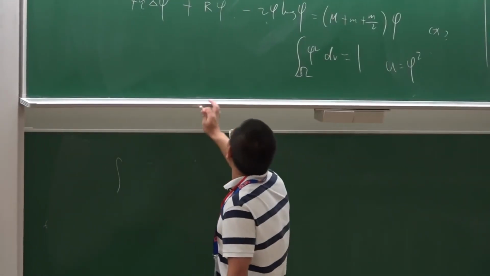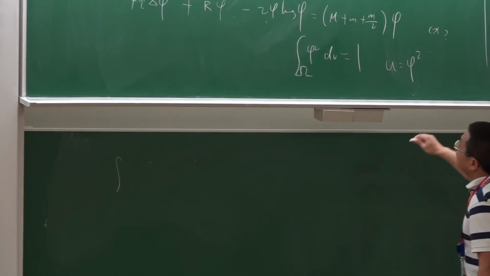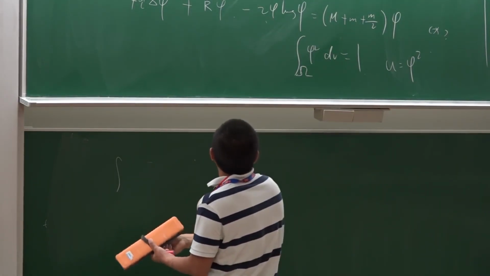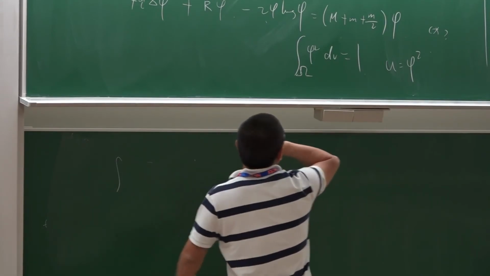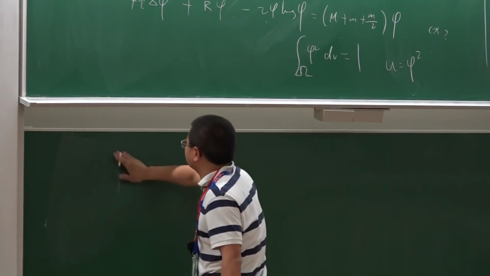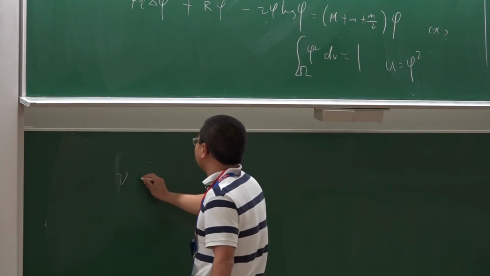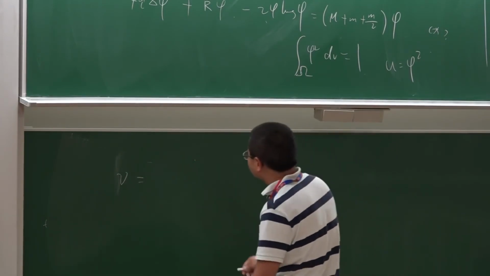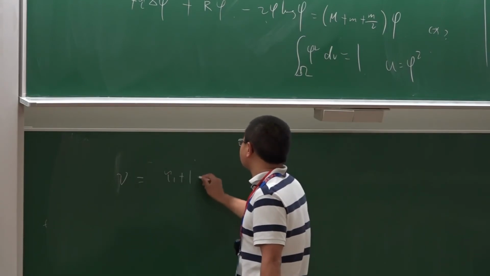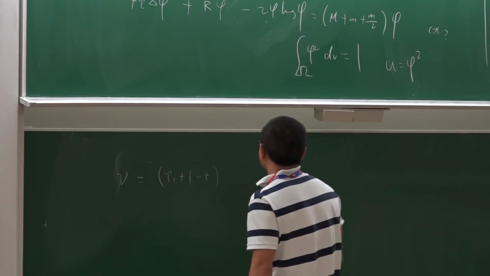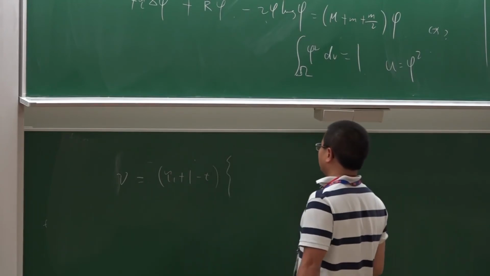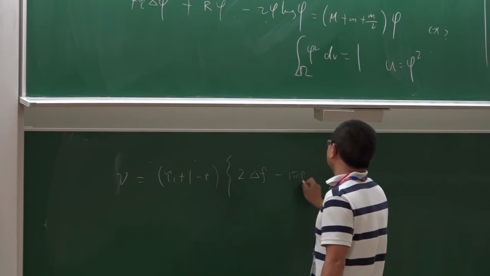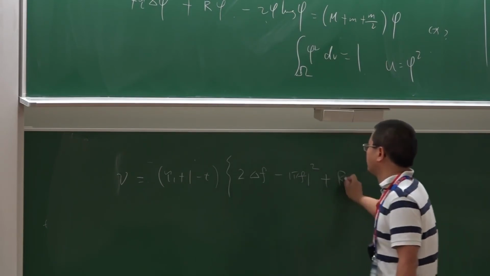I consider, so how do I say? I define a function which is [τ(m+1−t)] times [2Δf − |∇f|² + R].